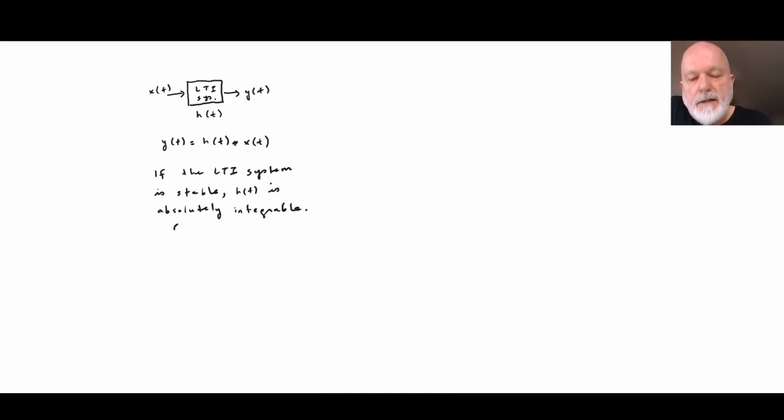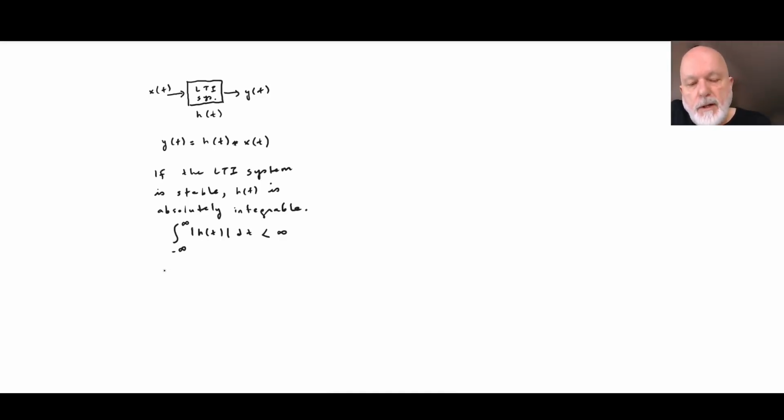Meaning that from minus infinity to plus infinity, the integral of the magnitude of h of t is finite. It's a convergent integral. Now, in this case, we know that if a signal or function is absolutely integrable, its Fourier transform exists.